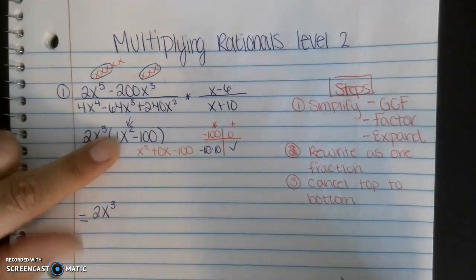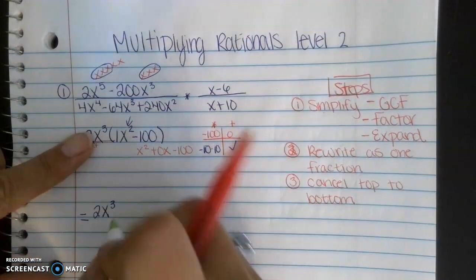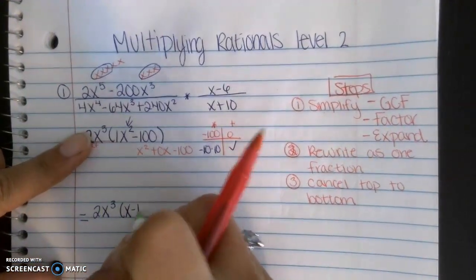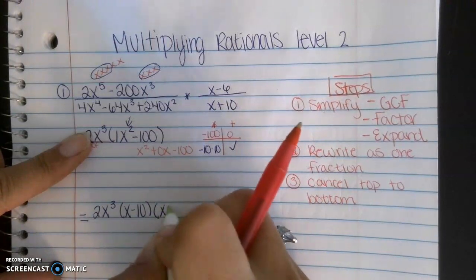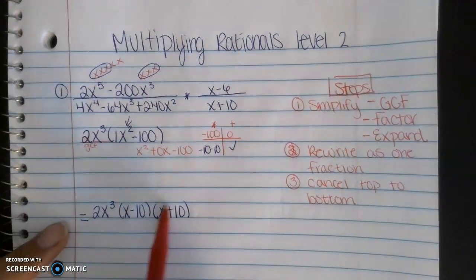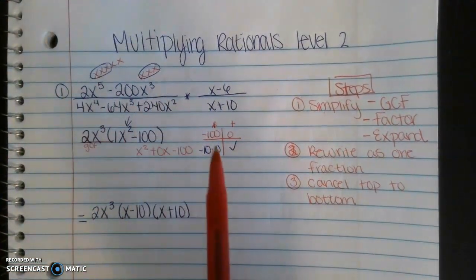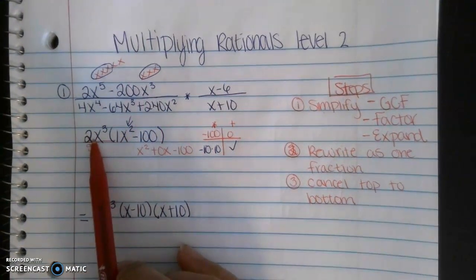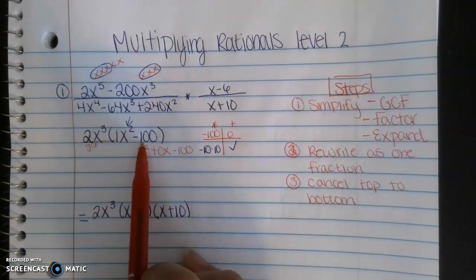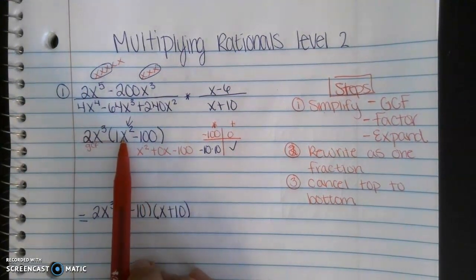And then instead of rewriting this quadratic, I'm rewriting it as its factors, x minus 10 and x plus 10. And so this right here replaced all of this right here. So like I said, guys, sometimes we're going to have a GCF and then we can factor from there. And you know you can factor from there if you have an x squared.